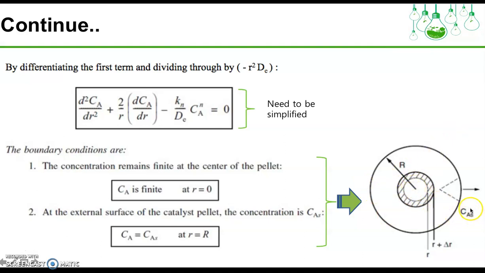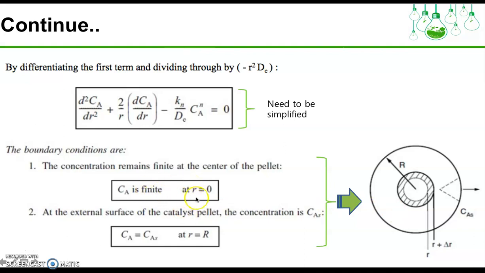CAS is the concentration of A at the surface of the catalyst, but later you also see that CA in your catalyst is CA(r).